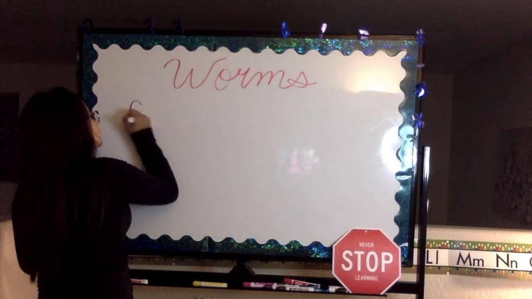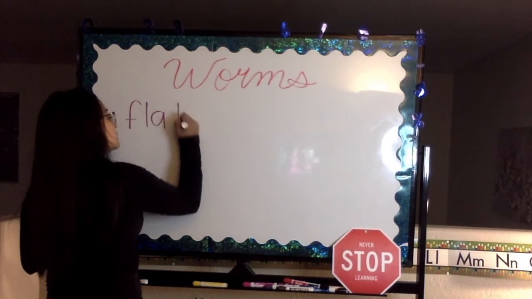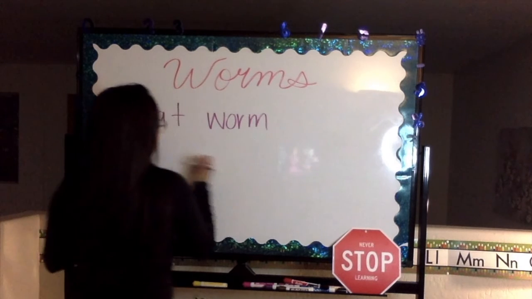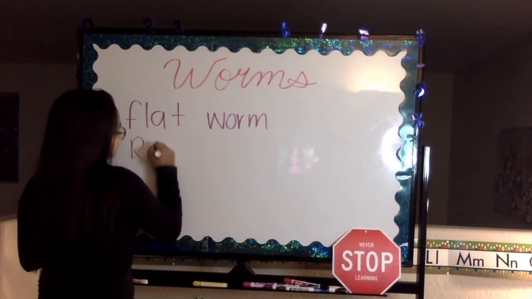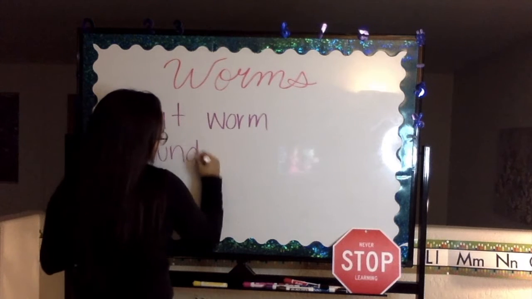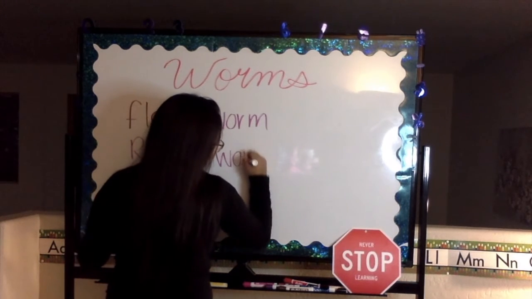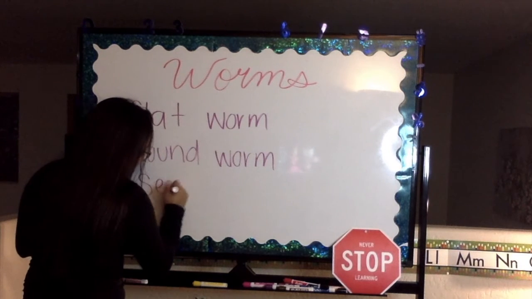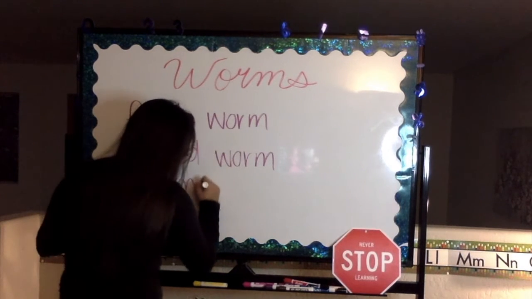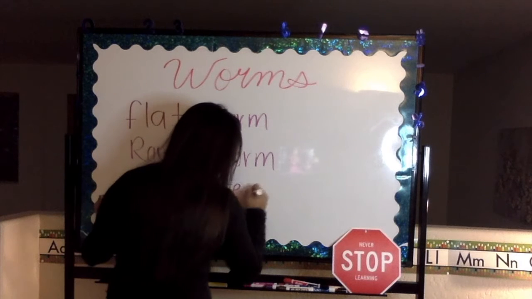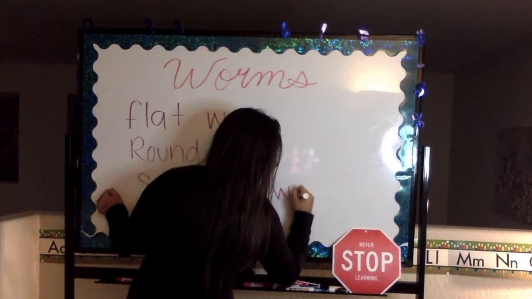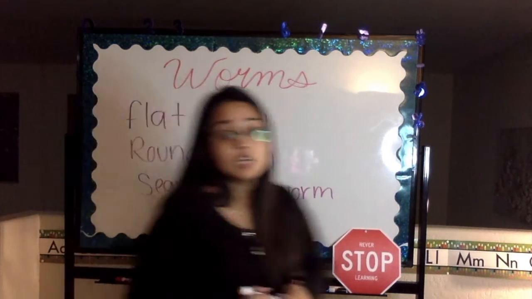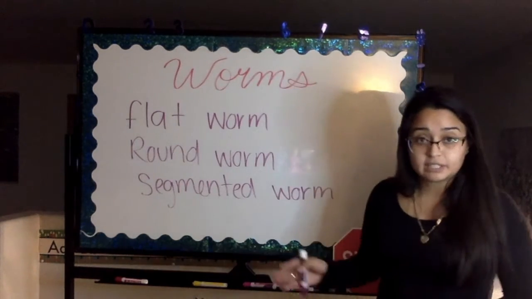A flatworm, a roundworm, and lastly a segmented worm. Okay, those are the 3 worms we're going to be looking at.